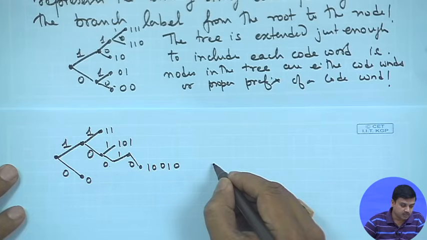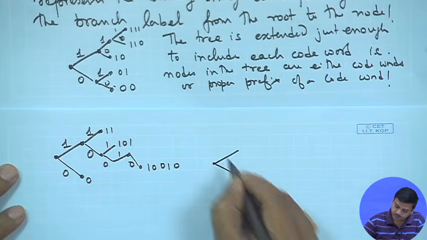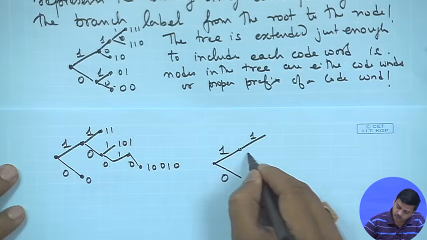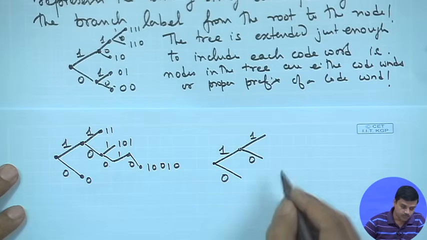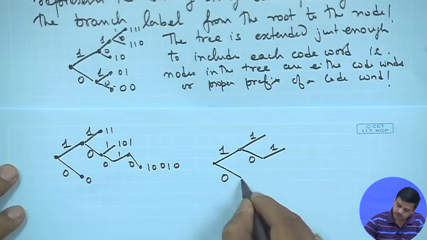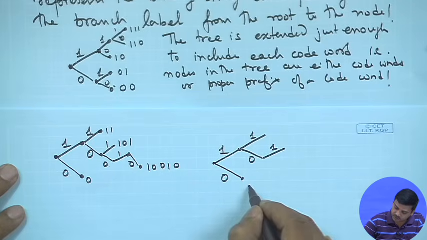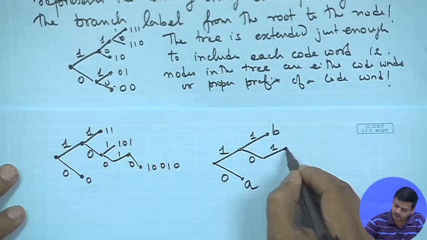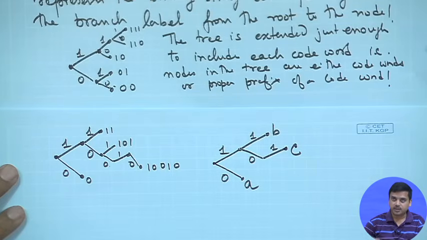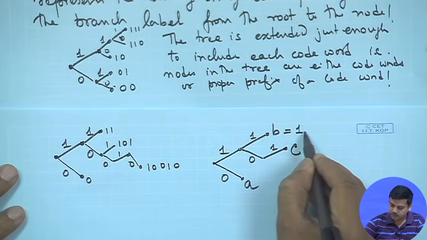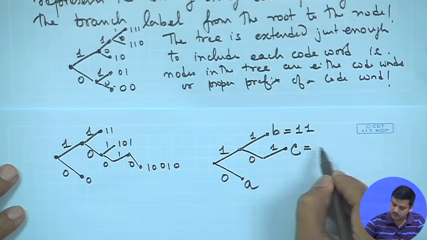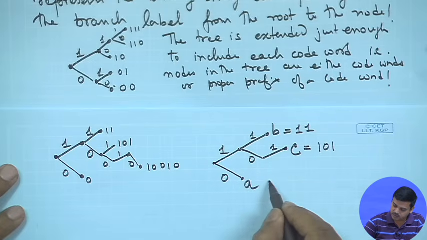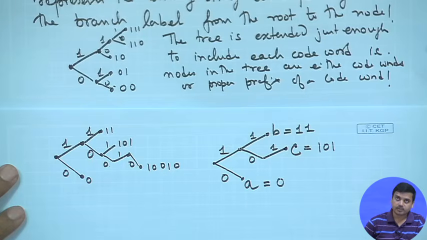Another particular example that we can take is we have 1 and 0, we have 1 and 0, and this goes there. We could label from our example this as the symbol A, this as the symbol B, and this as the symbol C. So, B has the code word 1 1, C has the code word 1 0 1, and A has the code word 0.